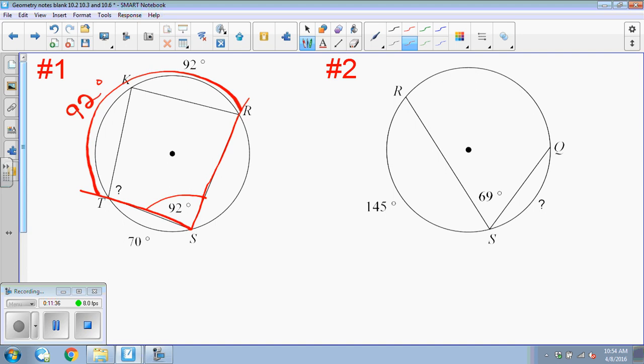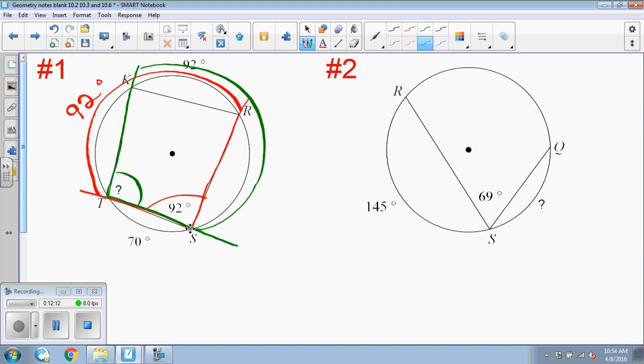Here's the angle that we need. It creates this arc. So we need to know what this arc is. Once we know what this arc is, we can divide it by 2 and get that.